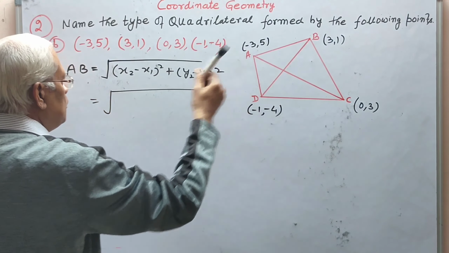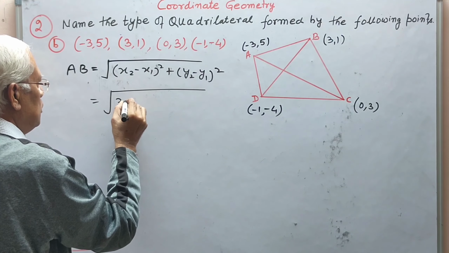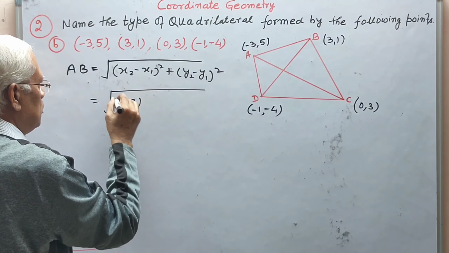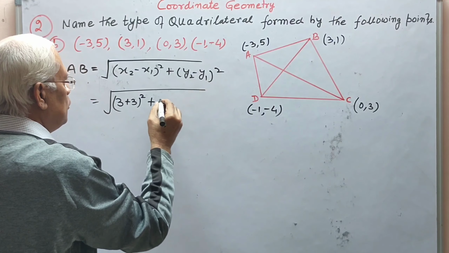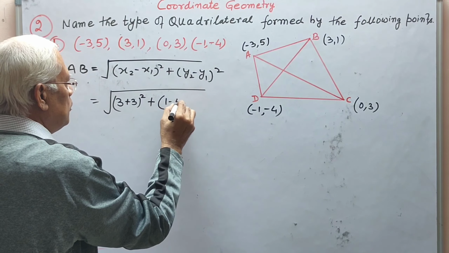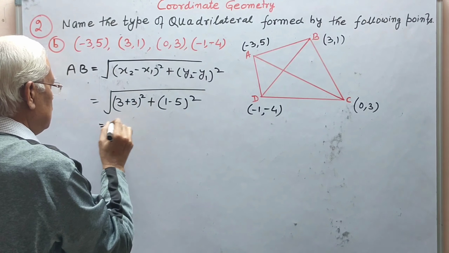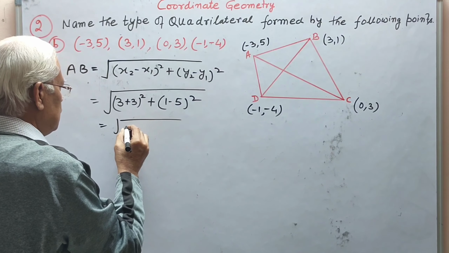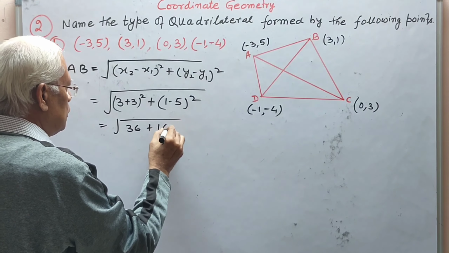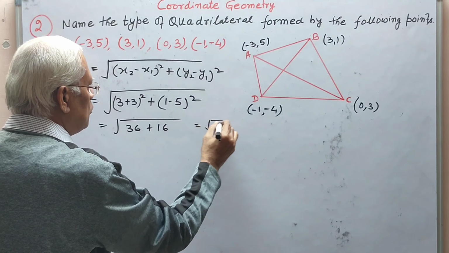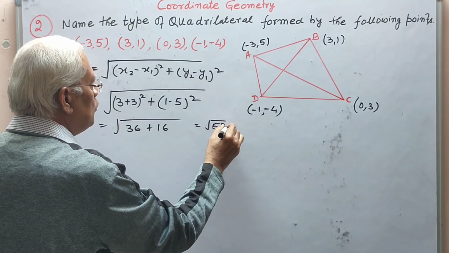So x2 minus x1 whole square, 3 minus (-3) whole square, plus 1 minus 5 whole square. So this is 6 square, that is 36, and 4 square, 16. So square root of 52.